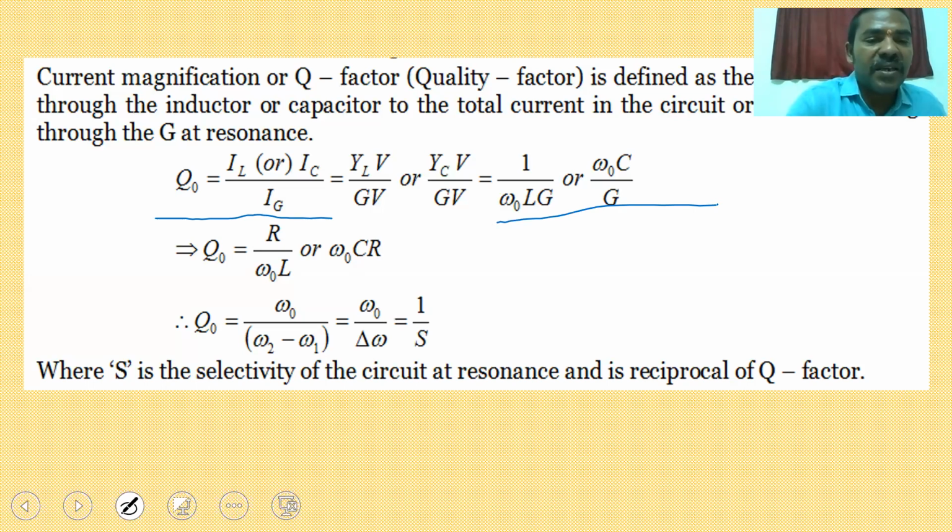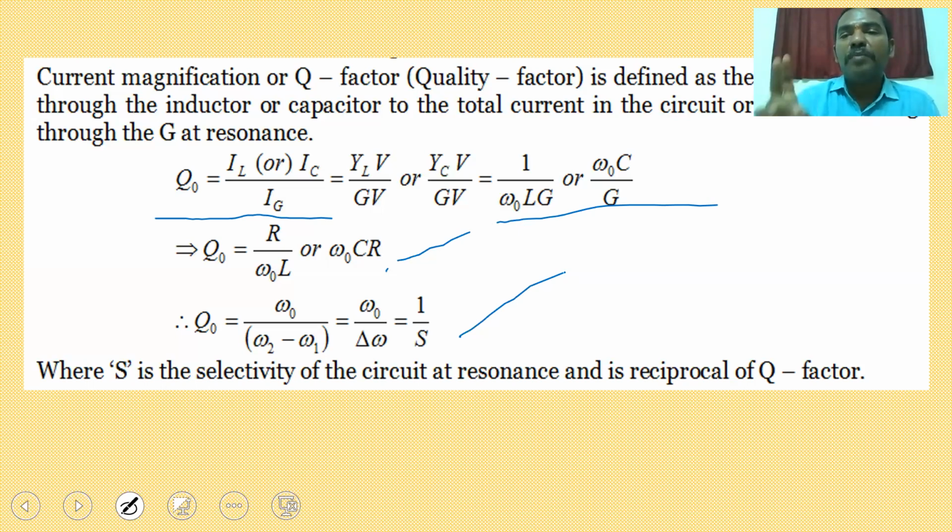In the RLC resonating case, Q0 is equal to R by omega naught L or omega naught CR. You can get this by replacing G as R, L as C and C as L. This is the condition you are getting. Then the quality factor is equal to omega naught divided by bandwidth. That is equal to 1 by S, where S is the selectivity of the circuit. Remember once again, bandwidth is omega 2 minus omega 1.